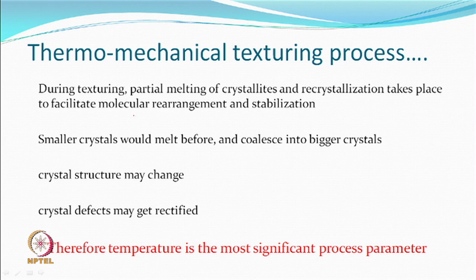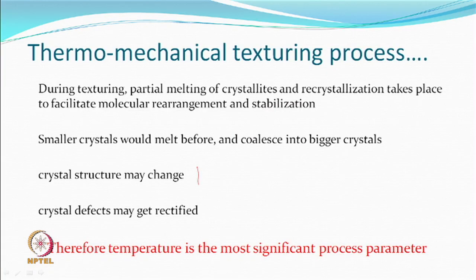If suppose there is a history of, let us say, heat setting or drawing, some crystals may have been already formed. You can appreciate that all the crystals would not have the same size, same dimensions, like all molecules in a polymer also do not have the same length or degree of polymerization. So, smaller crystals obviously may melt before and may also during this process coalesce into bigger crystals.